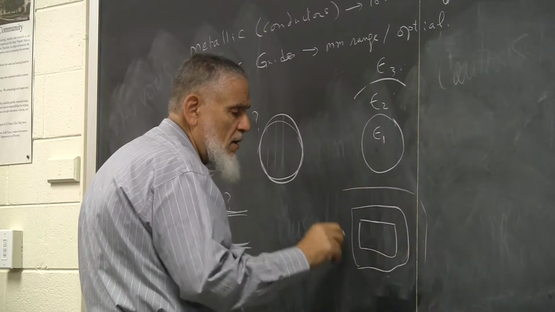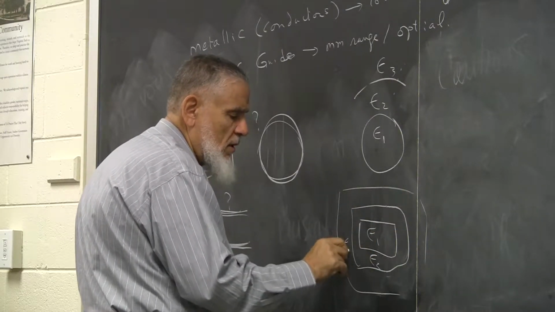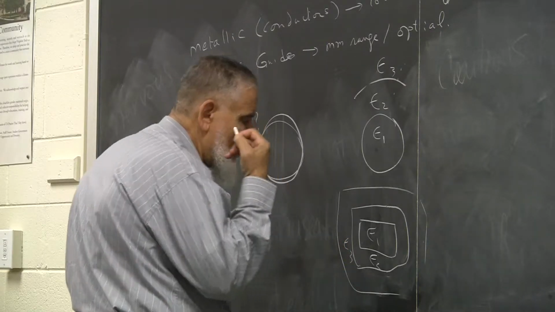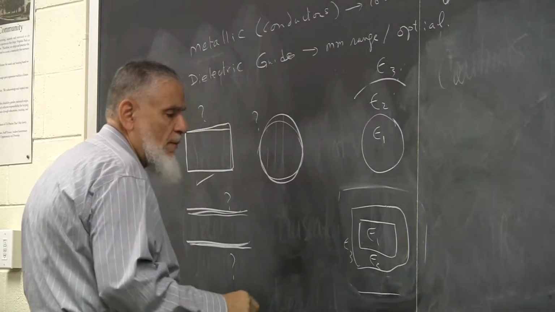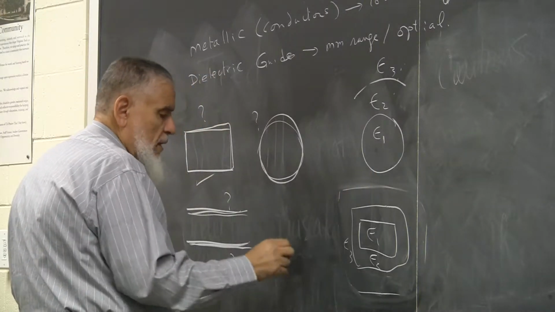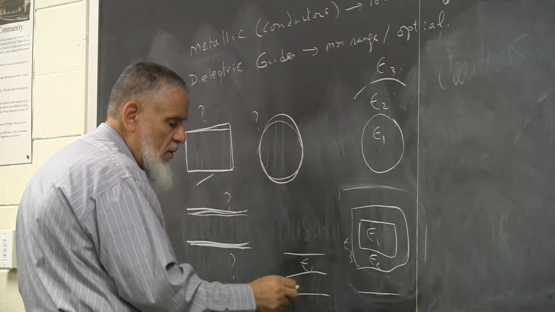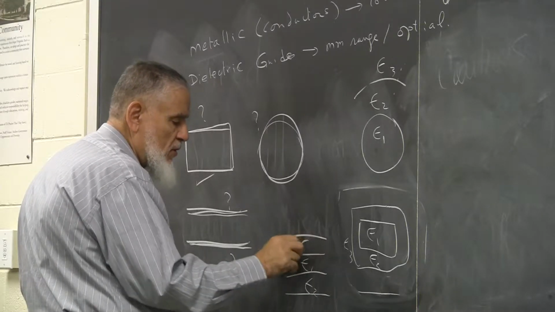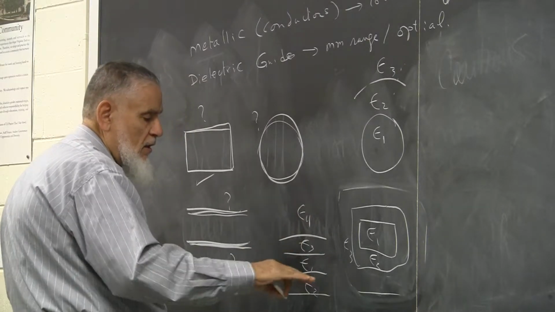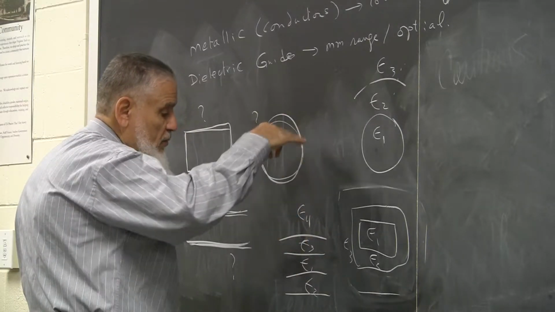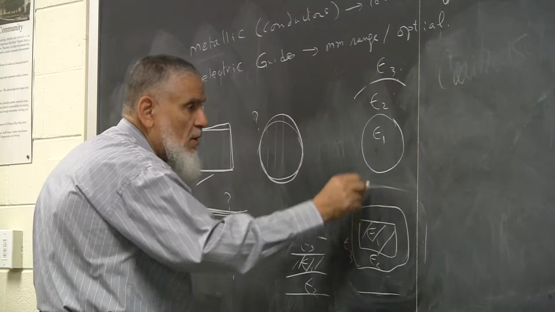We'll have, again, epsilon 1, epsilon 2, epsilon 3. It doesn't have to be that way, because epsilon 3, if that's free space, that's everywhere, right? In a planar configuration, again, you have an epsilon 1 here, you have epsilon 2 down here, you may have an epsilon 3, you may have an epsilon 4, you may have a dielectric underneath, dielectric above, and free space, and this is your main media where you're propagating things.